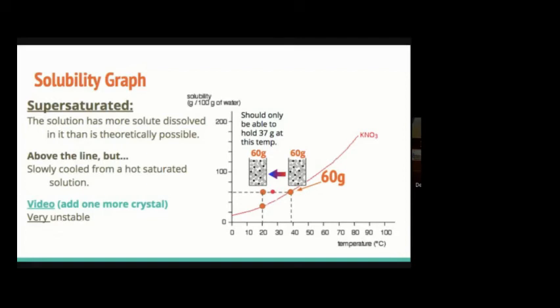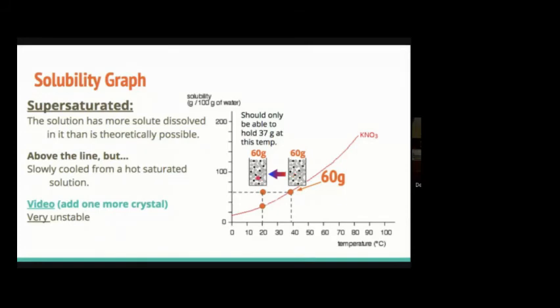some substances will do what we call supersaturating the solution. And so what happens is we say we have 60 grams dissolved in this solution. Notice you can't see anything at the bottom of it. It looks just like the saturated solution.